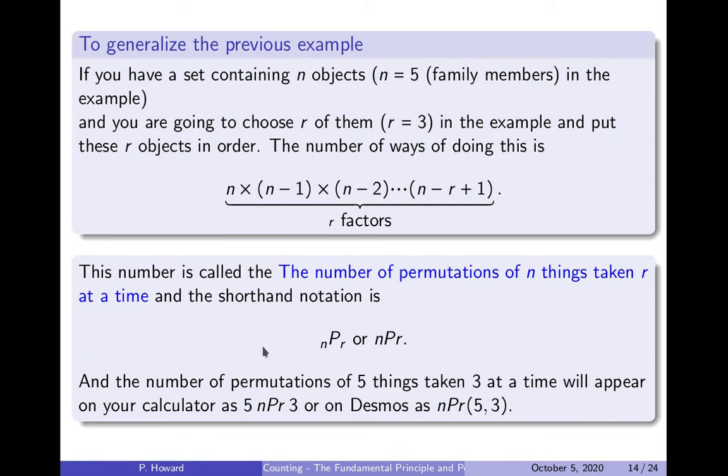So if we're looking at the number of permutations of 5 things taken 3 at a time, that will appear on your calculator as 5 nPr 3. Talking about a TI calculator, for example.